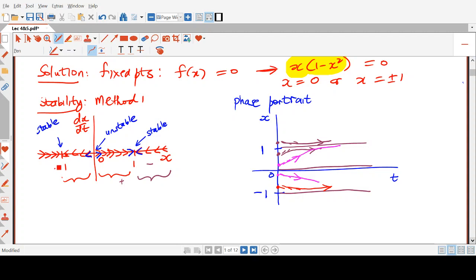If you start off from just below -1, it's a positive slope. So you start off somewhere there, things are going to go like that, and you can see it's going there. So therefore, this is a stable equilibrium, this is unstable, and this is stable. That's how we classify the equilibrium points, and that's how we make the decisions.